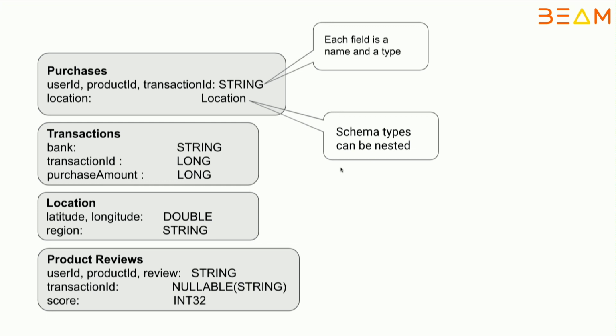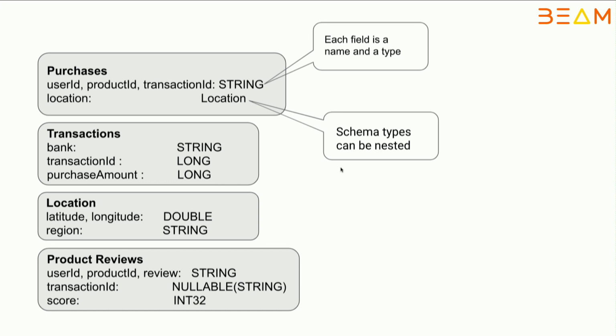So this is a set of schemas for a hypothetical retail company, where every time somebody makes a purchase, we get a purchase event with this schema. Every time somebody makes a credit card purchase, we get a transaction, or maybe multiple transactions if they're splitting the payment across multiple credit cards. And then they can come to our website and leave a product review, and we'll get a product review event.